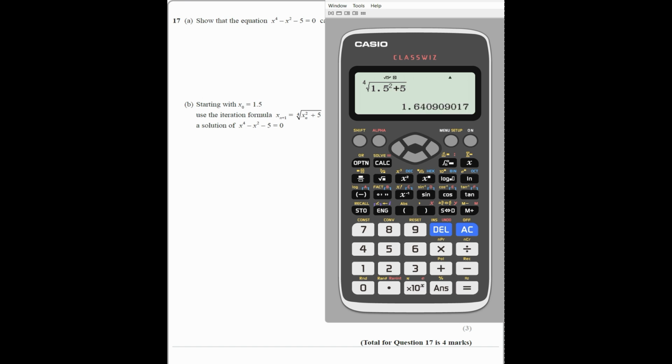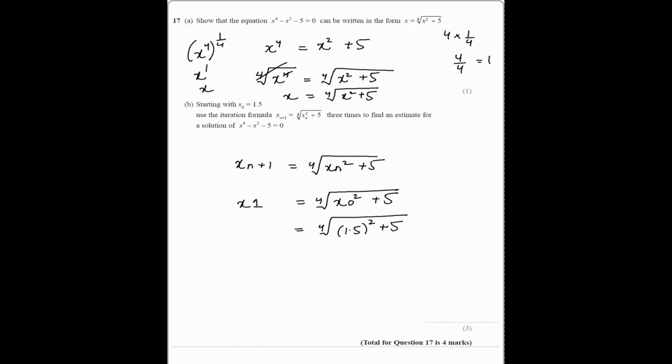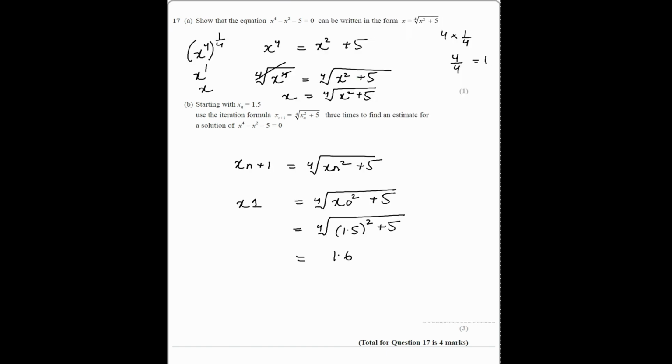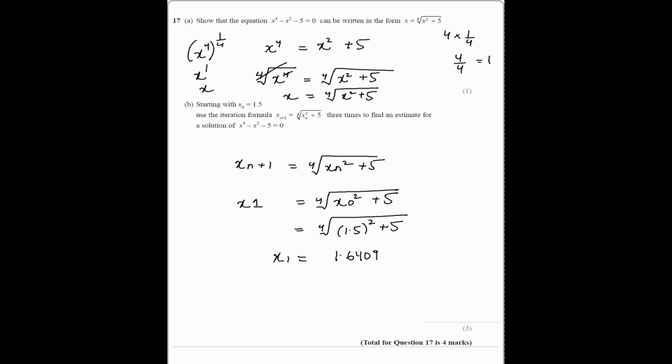Press equal, and that is 1.6409. So we will write 1.6409. That's your x1. Remember what we did: x(0+1) equals 4th root of x0^2 plus 5. We start with x0 equal 1.5. Using our formula, we calculate x1 equals 1.6409.